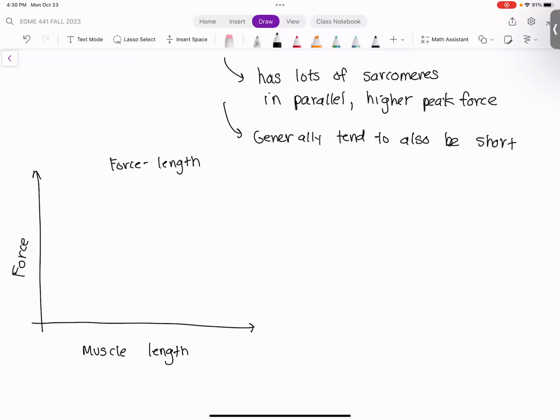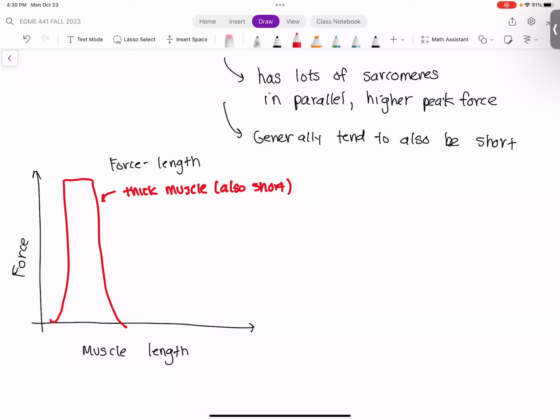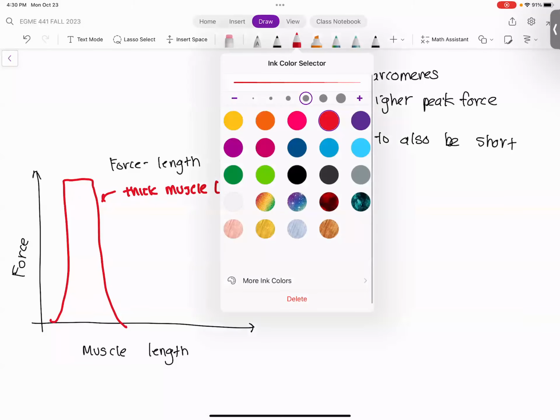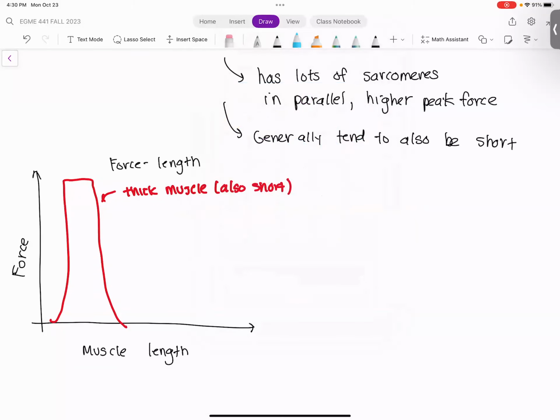If you were to draw a shorter, thick muscle, it might look something like this. That curve is for a thick muscle where the peak is higher. This one also happens to be short, just because it helps the next curve stand out.